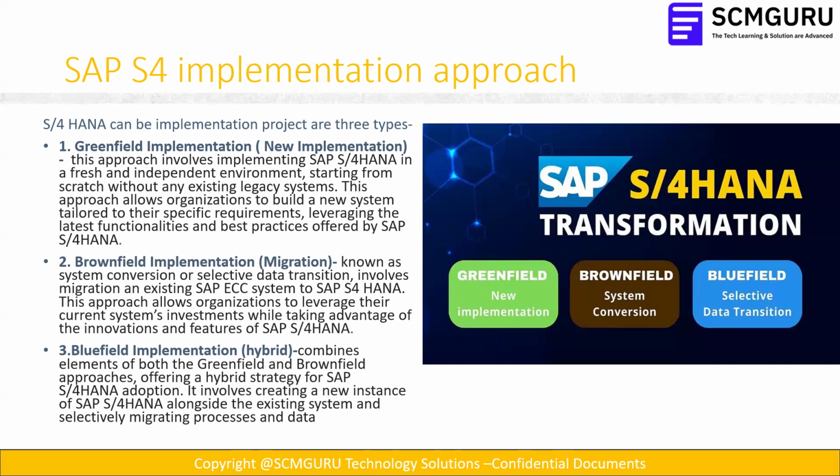Because in this brownfield, SAP has given the best practice for migration projects. Most of the migration projects now: 60% of the top 500 Fortune companies are already on S4 HANA.